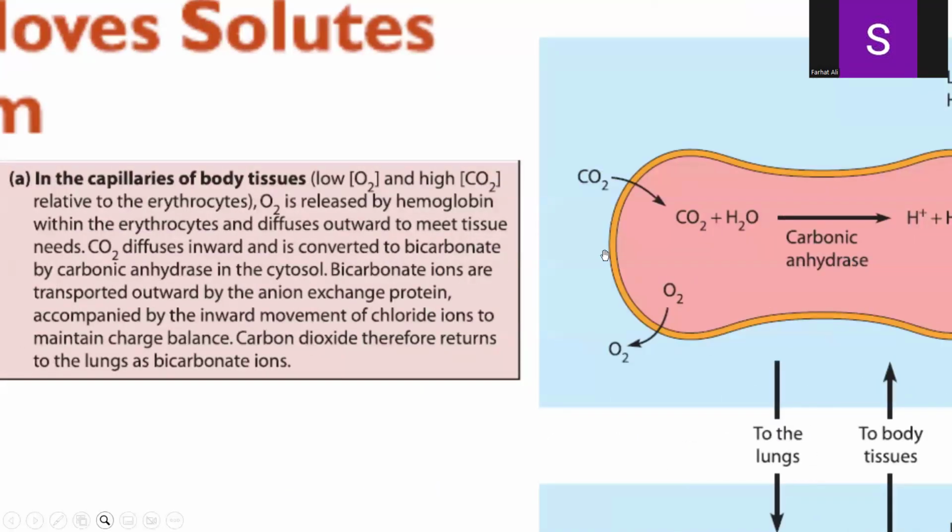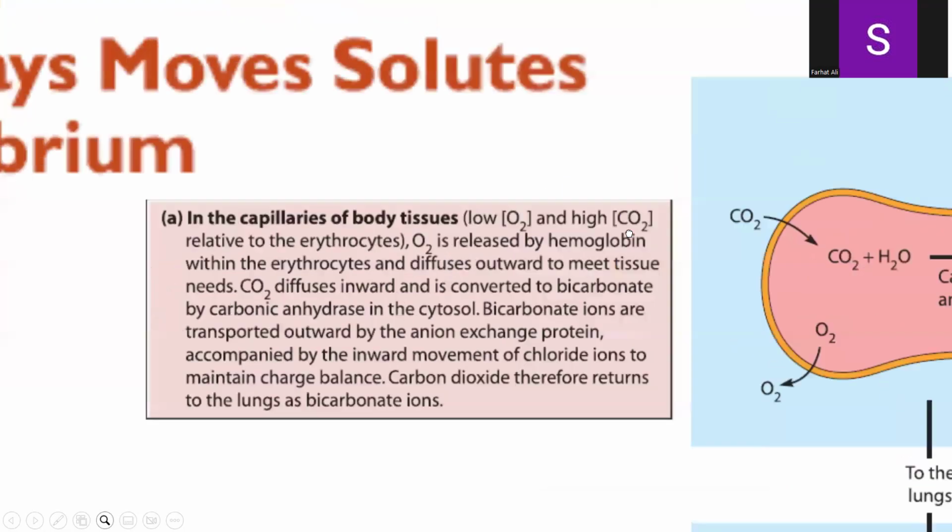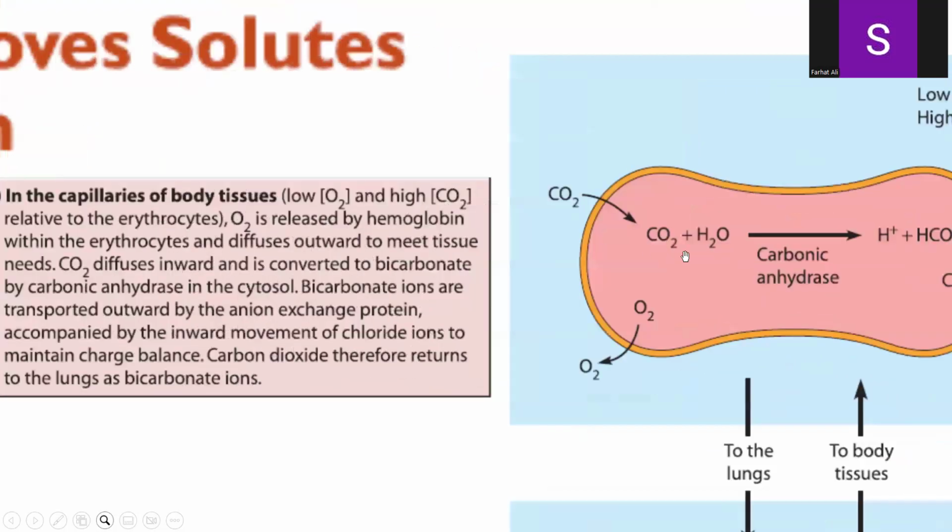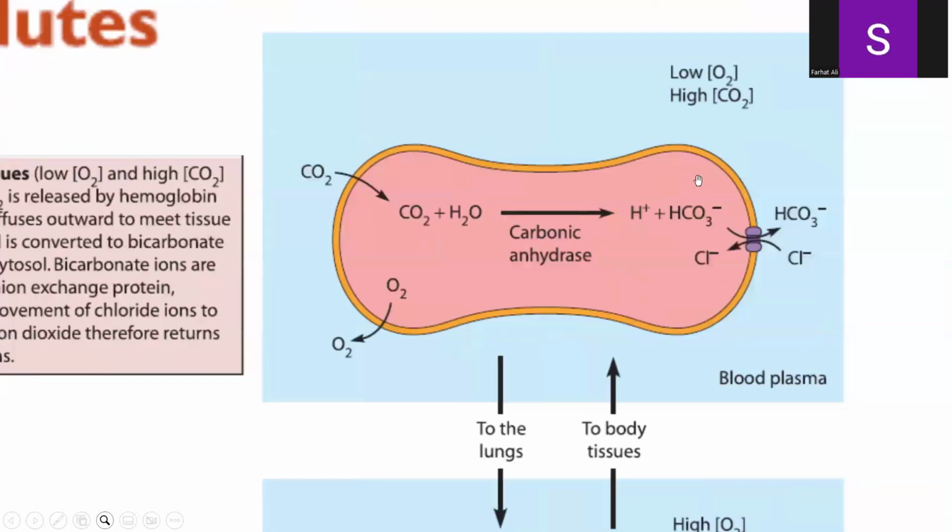So this diagram is representing the transport of the gases in the red blood cell. In the capillaries of the body tissues, the concentration of oxygen is low, and the concentration of carbon dioxide is more as compared to the red blood cells. So this is shown here: there is low oxygen concentration, so oxygen will diffuse.